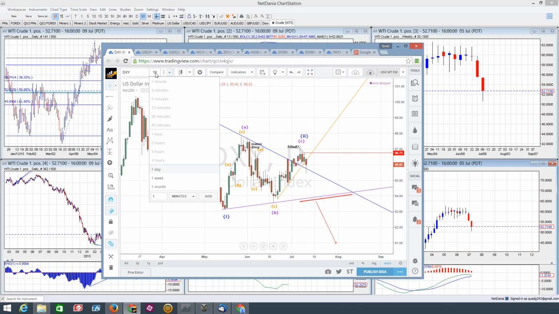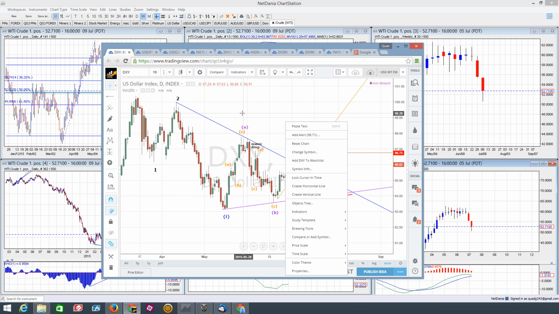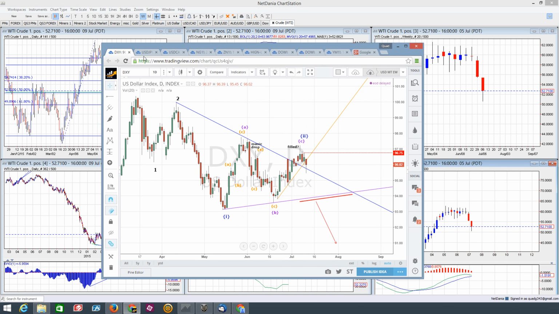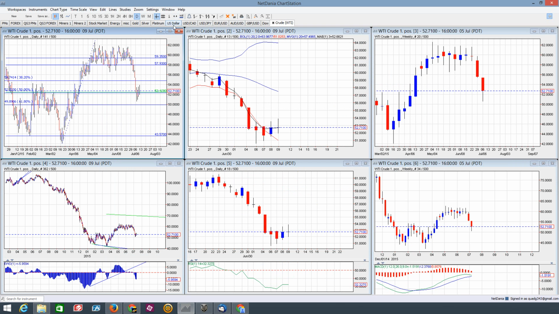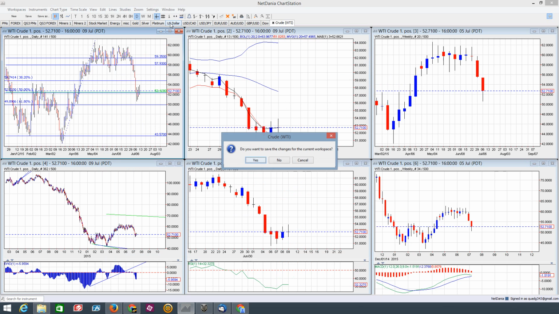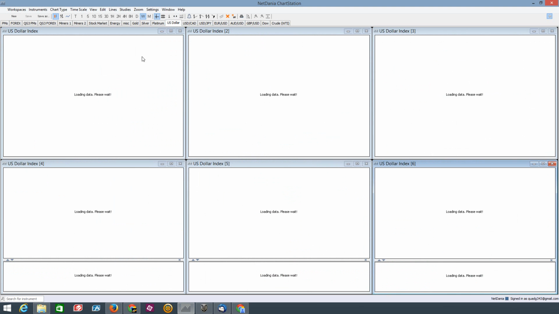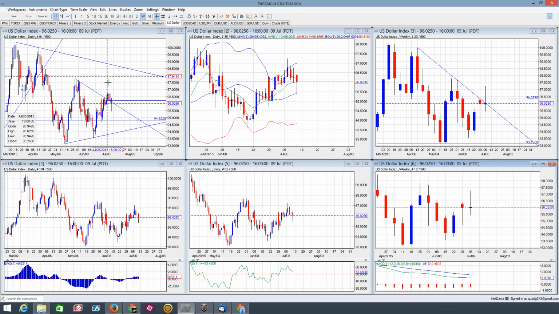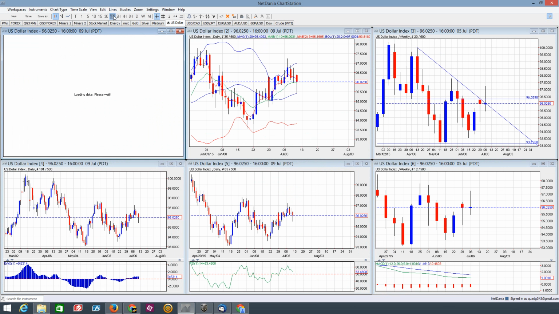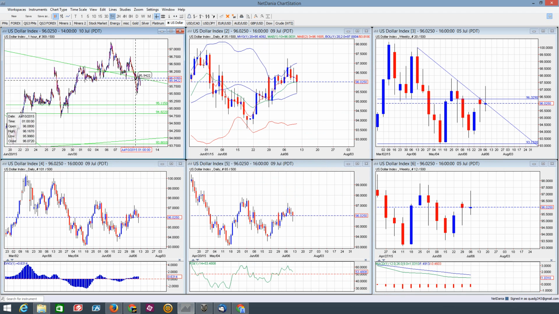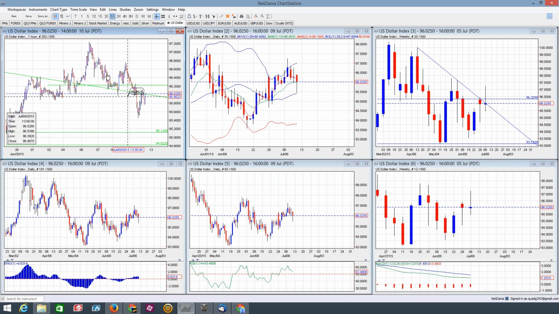Which, if we look at it a little closer here, oh, we can't do it on this chart. Let's go back here real quick. We'll go here to the hour. So this does look to me like this could be an initial impulse down, a wave one, a wave two.